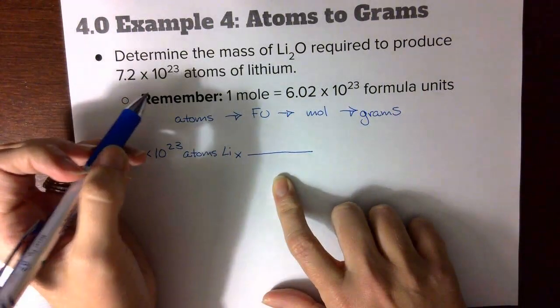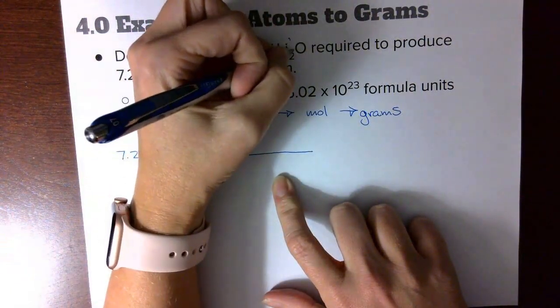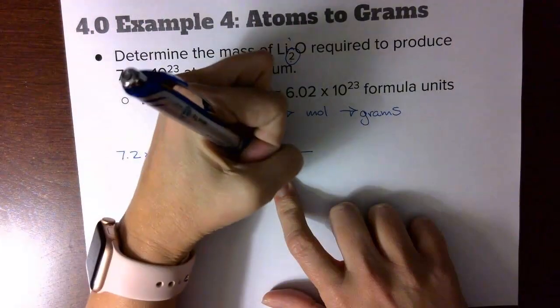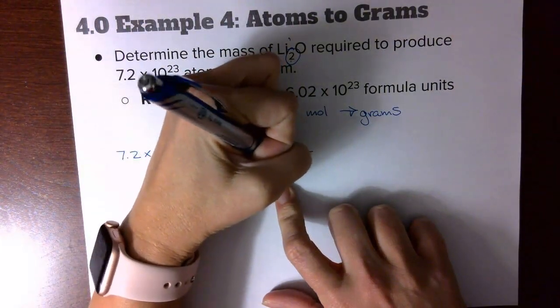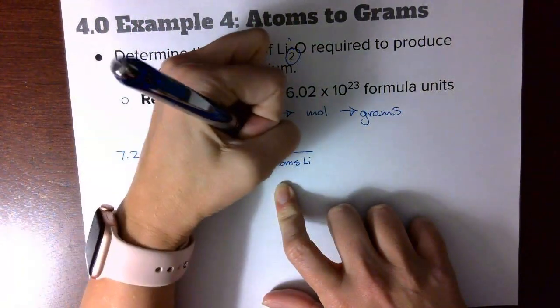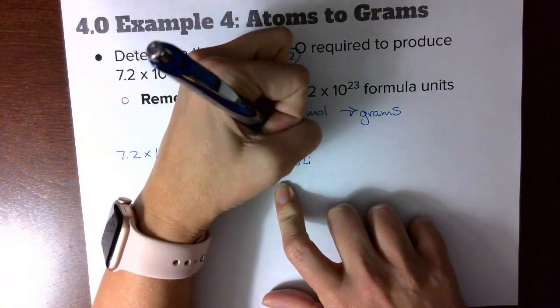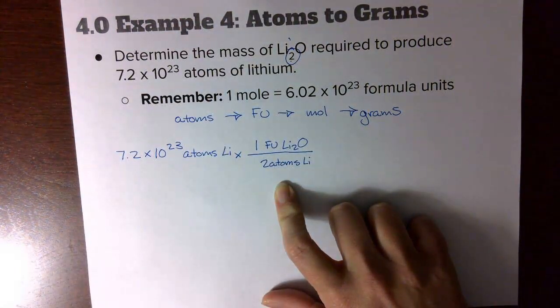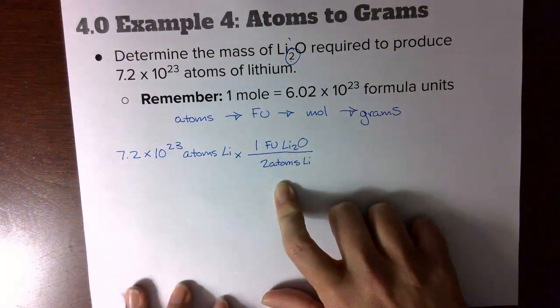And we can see in our formula there are 2 lithiums per every formula unit. So there are 2 atoms of Li for every 1 formula unit of Li2O. Okay, so the 2 again comes from that subscript right there.